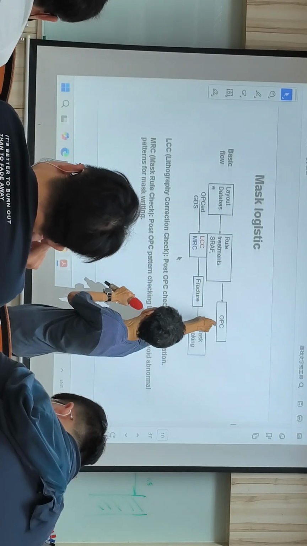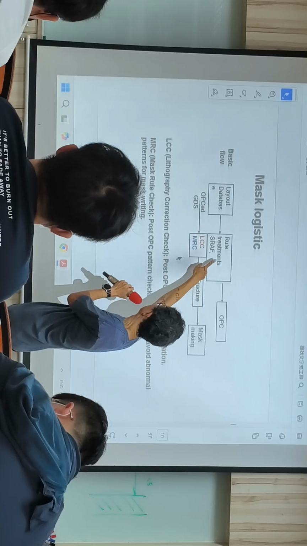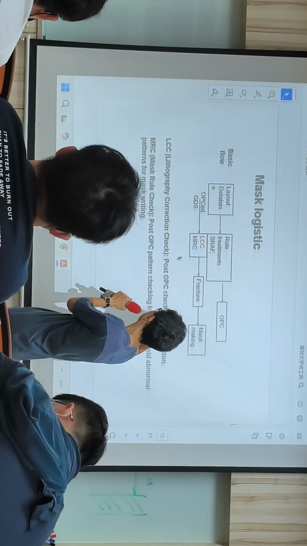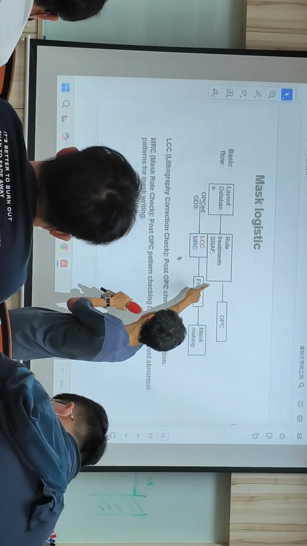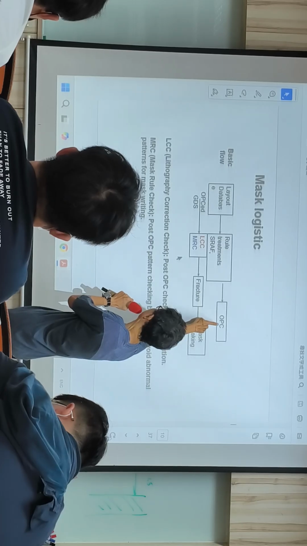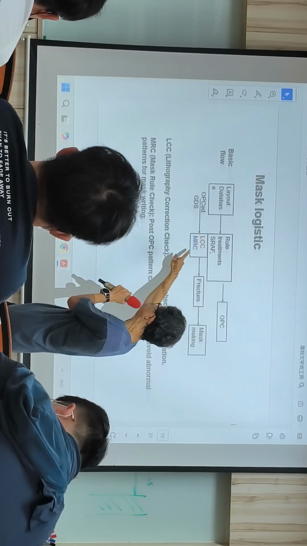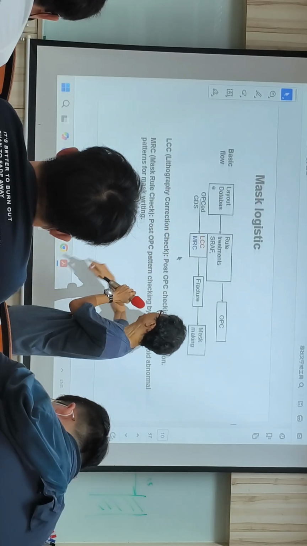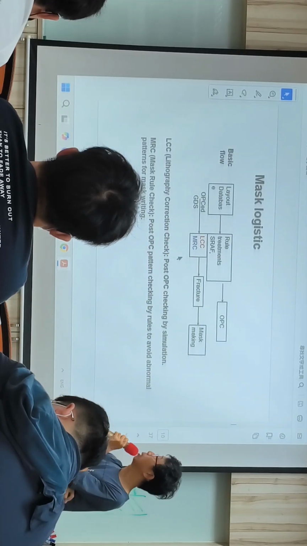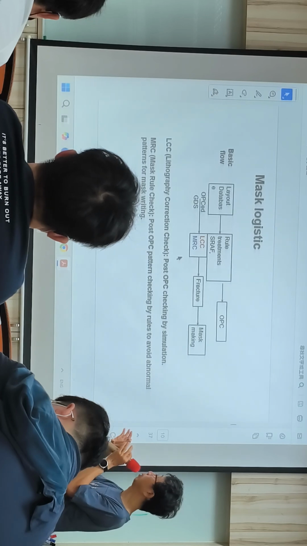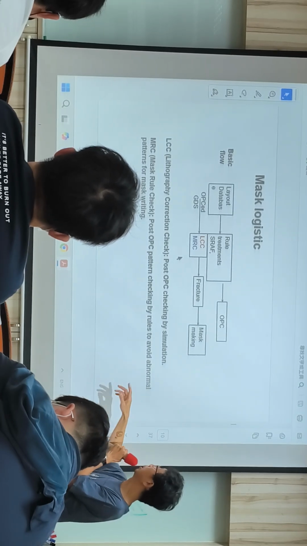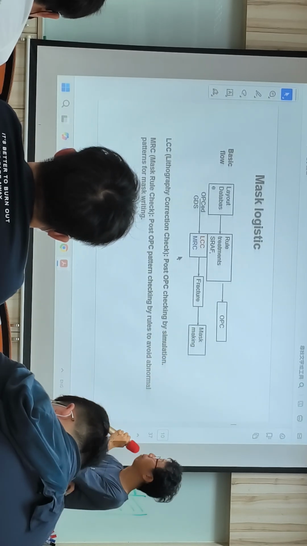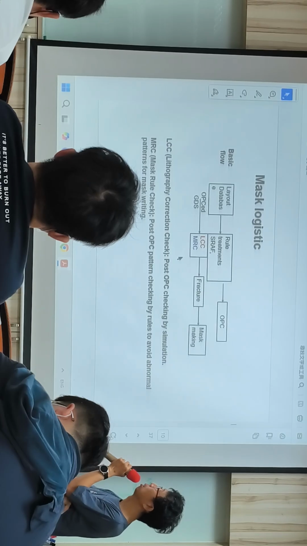Model-based OPC probably is done over here, or rule treatment, and then add the thread, and then we do the model-based OPC. Then we take the post-OPC GDS, and then do the LCC and MRC, and then we fracture that before we make the mask. Okay.